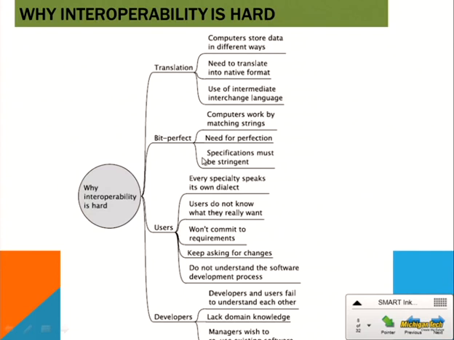Also, the users of the health information system include doctors, nurses, lab testers, and sometimes patients. Different patients have different viewpoints. Some people like this one, some people like another. They speak different dialects. Some people do not use this system, some people like other systems. Some like this interface, some like another interface. This also makes interoperability very difficult.